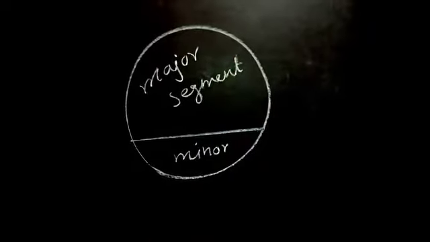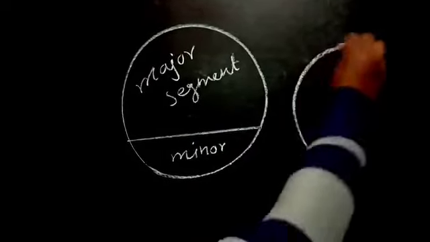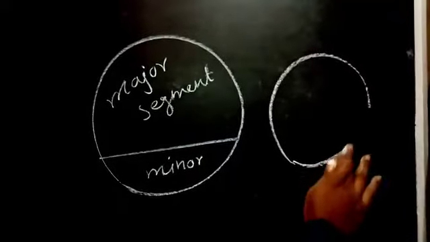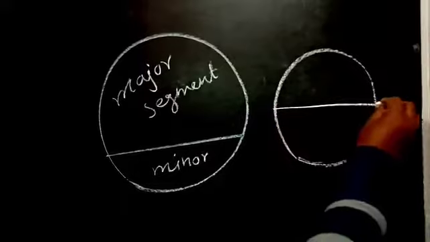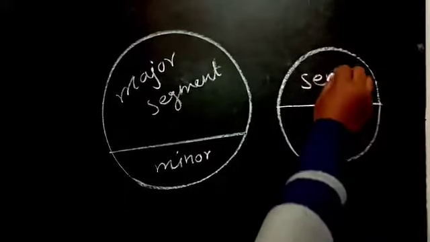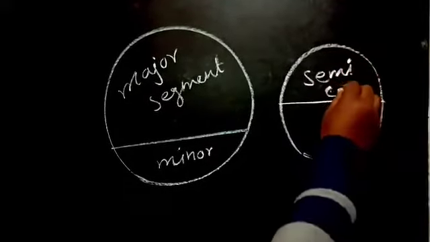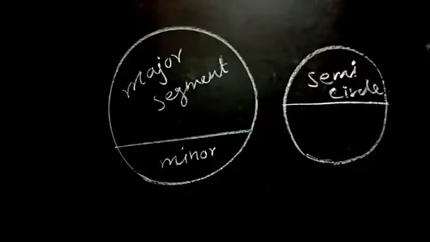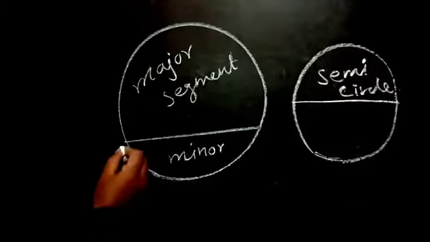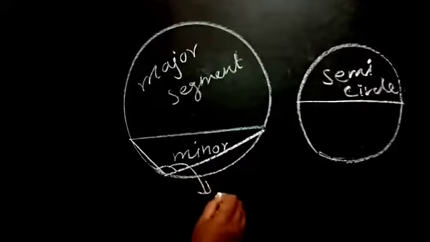If we divide the circle into exactly half portions, this is called a semicircle. Here, the minor segment always gets an obtuse angle.